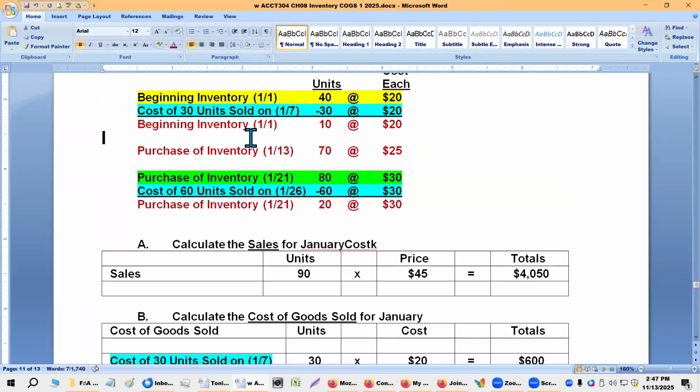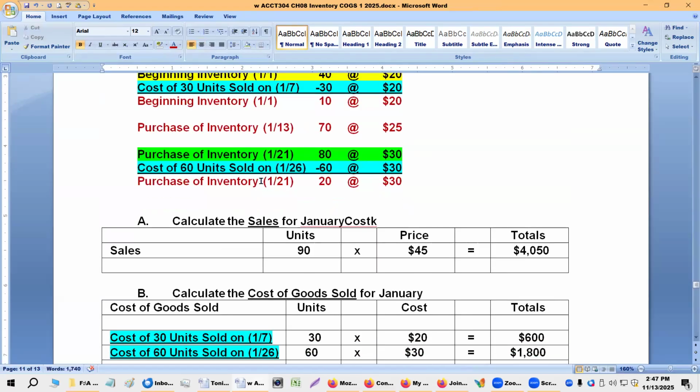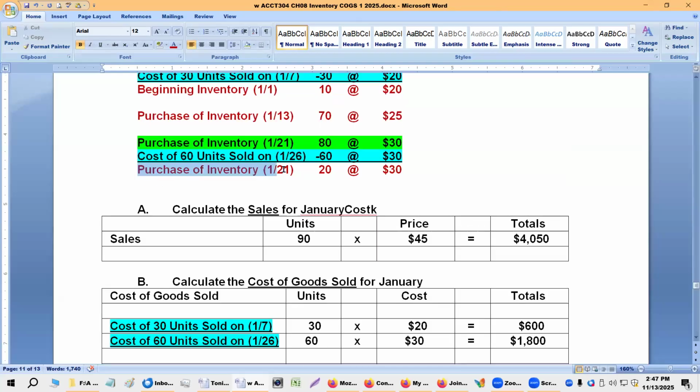So we sold 30 of the first inventory. There's still 10 left there. We didn't sell any of the middle inventory, the 13th. And the last one in, we still have 20 in that layer that was not sold.